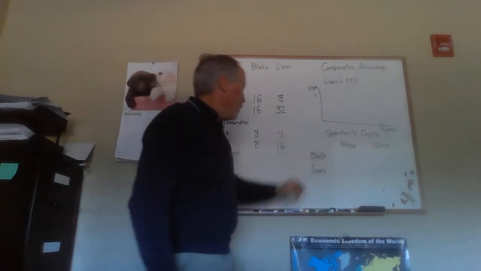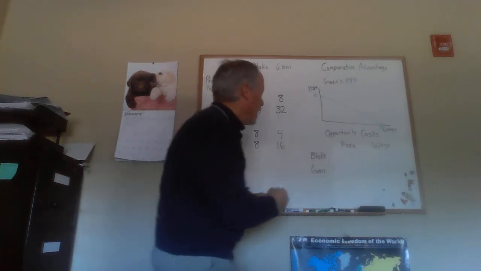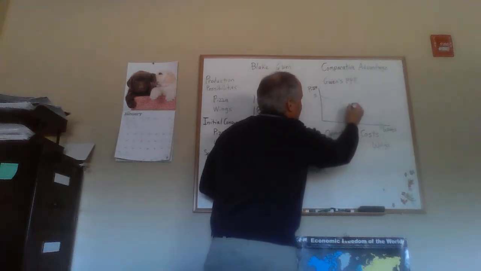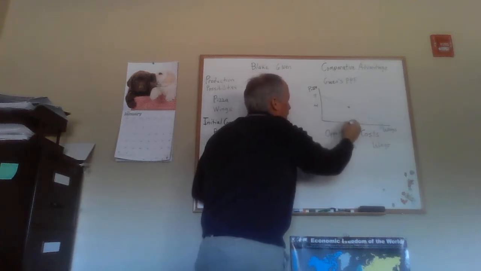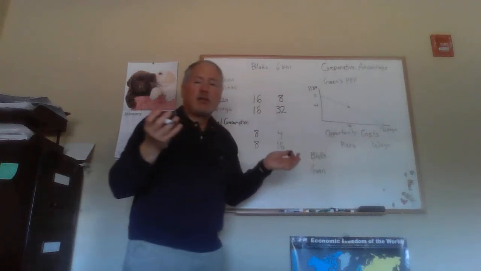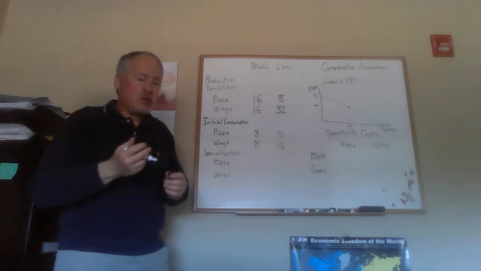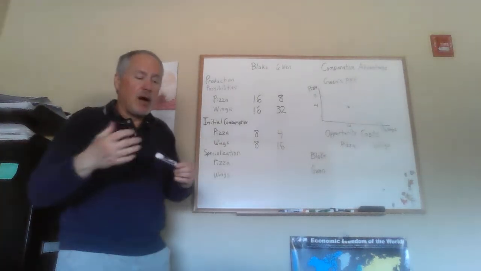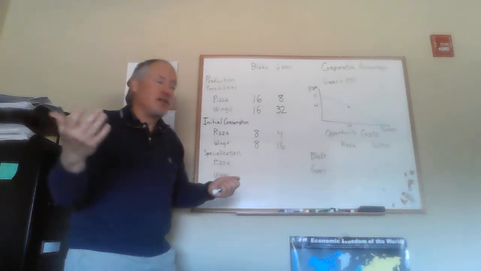So we know that if Gwen splits her time, she's going to be here with 4 pizzas and 16 wings. Let's just say that choice is kind of arbitrary, but each person is going to spend half of their time producing each good, and then consume whatever they have left over.